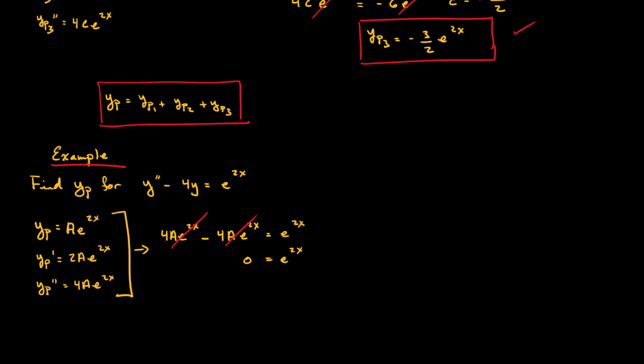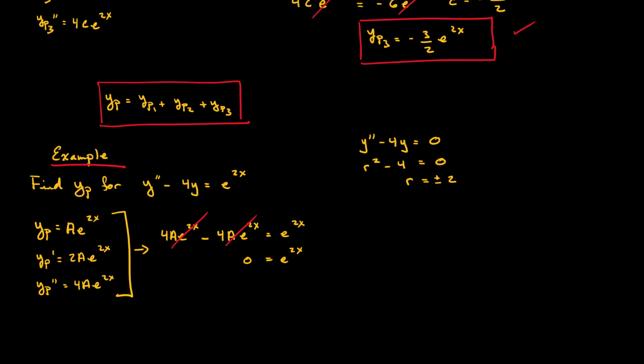So why did we obtain this result? It turns out that the proposed form for yp, which is a e to the 2x, is one of the fundamental solutions to the associated homogeneous equation. We can check this very quickly. Our associated homogeneous equation is this right here. We have a characteristic equation of the form r squared minus 4 is equal to 0, or r is equal to plus minus 2.